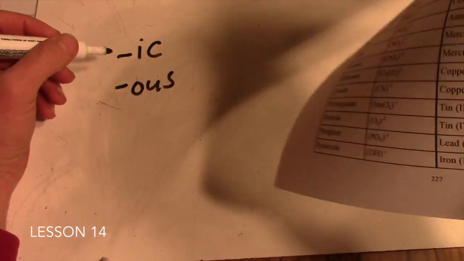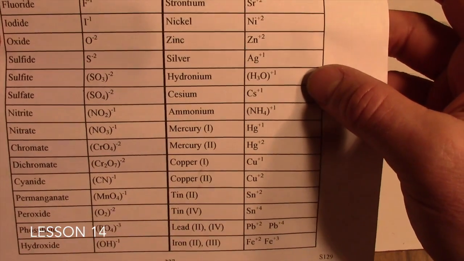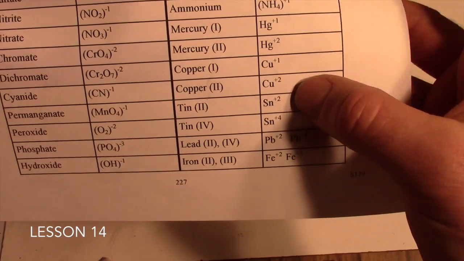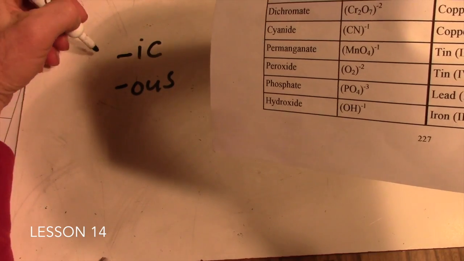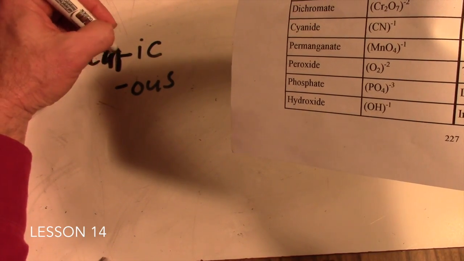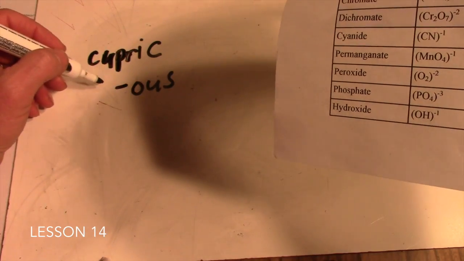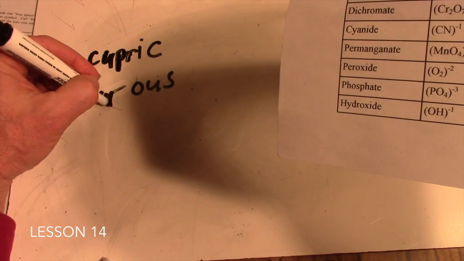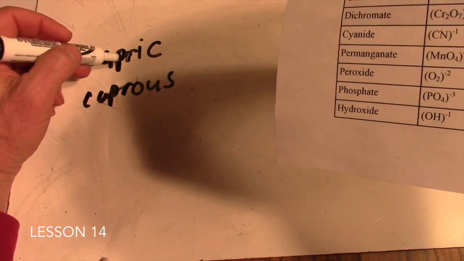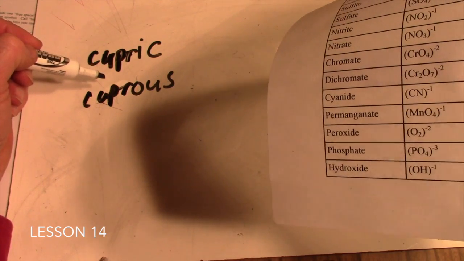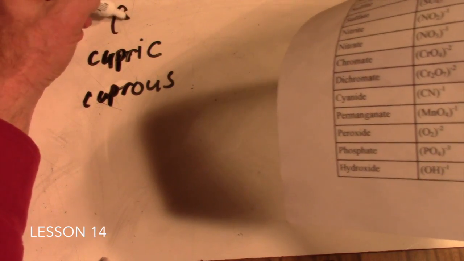For example, the Copper 1 and the Copper 2, right down here: the Copper 1 originally was called cupric, C-U-P-R, cupric. The Copper 2 was cuprous, C-U-P-R, where cuprum is the older name for copper, and that's why it has the Cu symbol there.